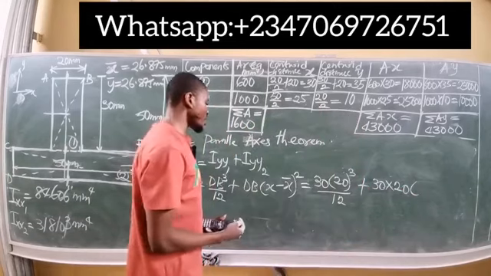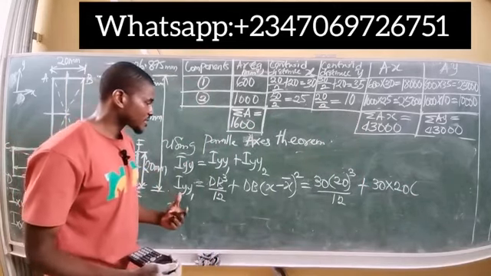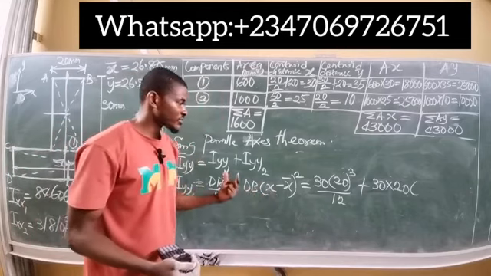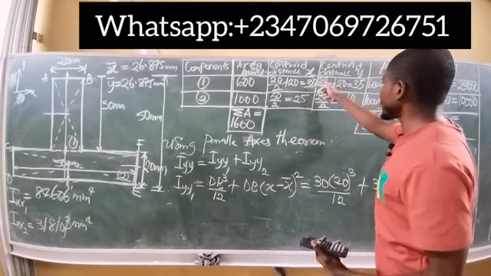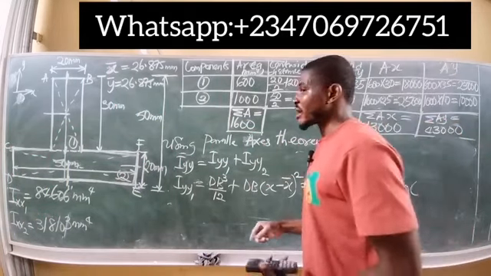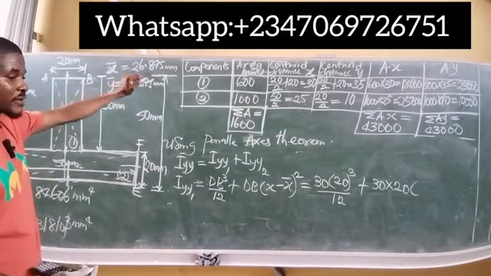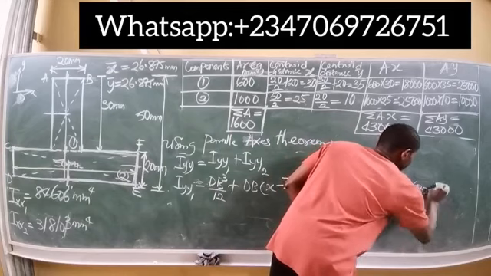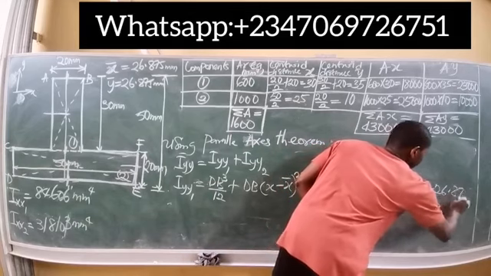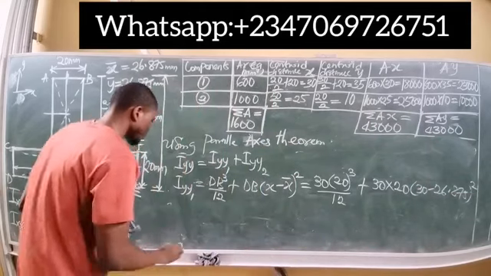In this case, since you're talking about moment of inertia in the y, you subtract the central distance x from the centroid x. For the first segment, the central distance x is 30, so it becomes 30 minus 26.875 all squared.